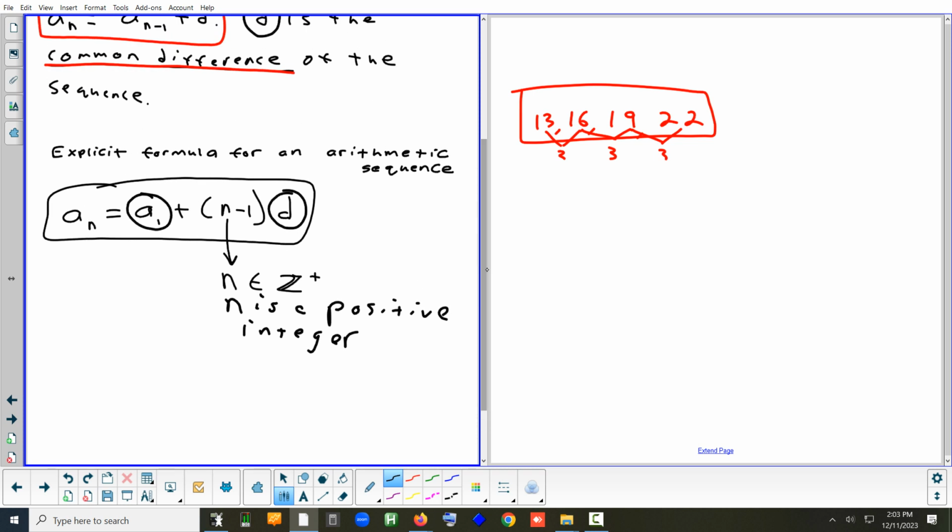So when you come up with a formula for a sequence, you can't plug negatives into it because there's nothing before the first term. And you can't plug in decimals or fractions. So it's a sub 1 plus n minus 1 times d. Let's go back to one that we did and see if that works. Just remember that: a sub 1 plus n minus 1 times d.